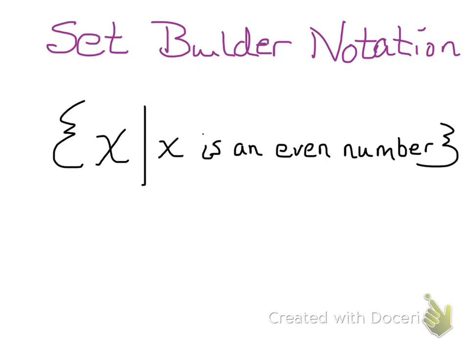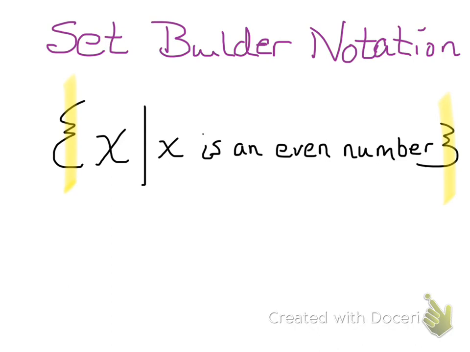Now, we've been using set notation to represent our domain and our range before. Another type of notation is called set builder notation. Set builder notation looks very similar to set notation in the fact that you have set brackets on each side, but the meat in the center is separated differently.